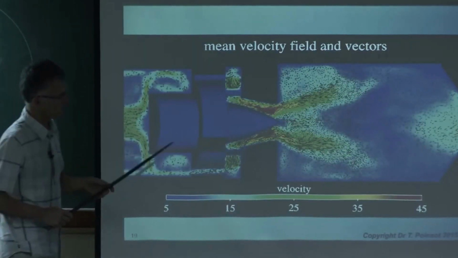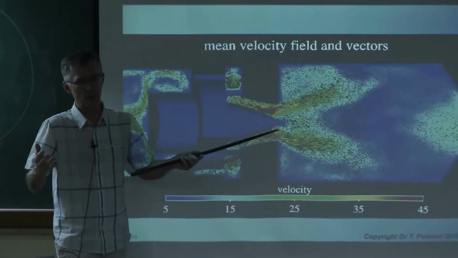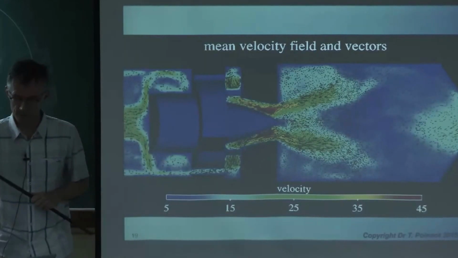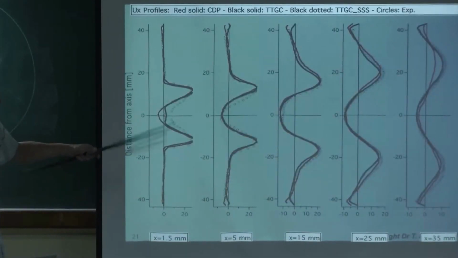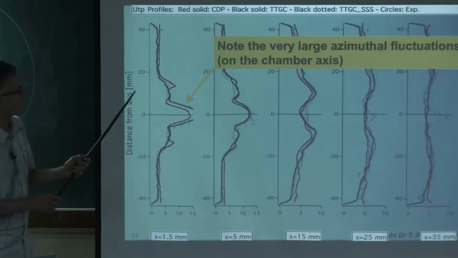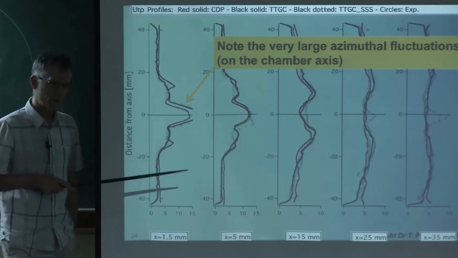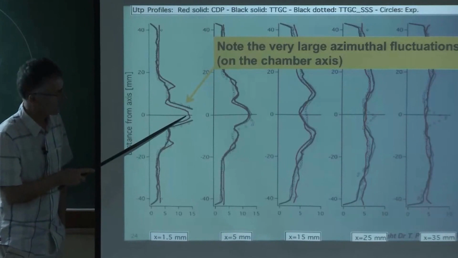If you average the results now, that's the averaged field. You find something which is not moving, it's averaged, and this is what a RANS code would compute. Now, I've shown the comparison here 2 days ago. I'm not going to show them again. Just to come to this point here. This is the RMS azimuthal velocity, and it is very large here at the center of the domain.